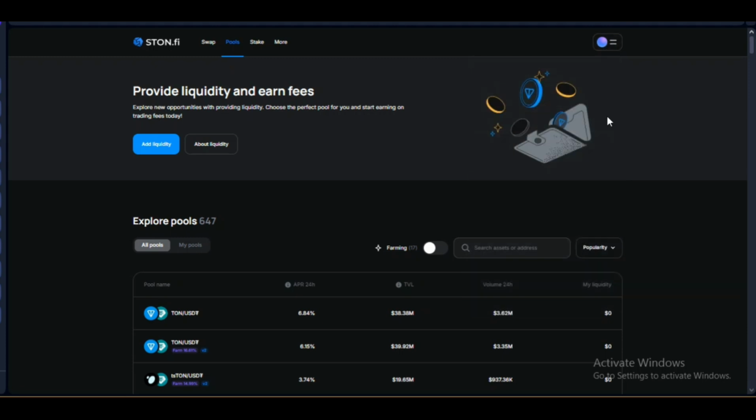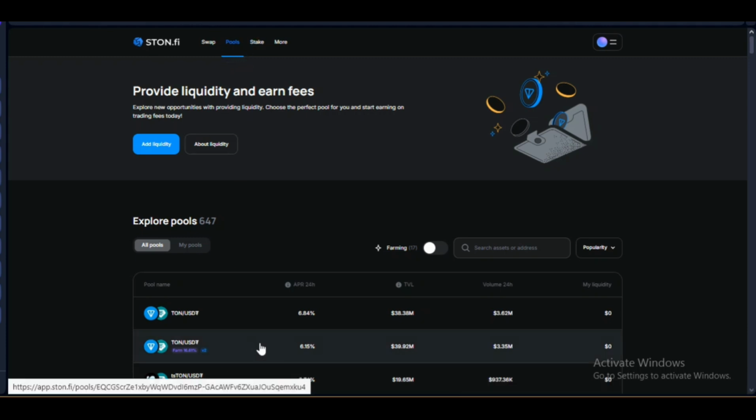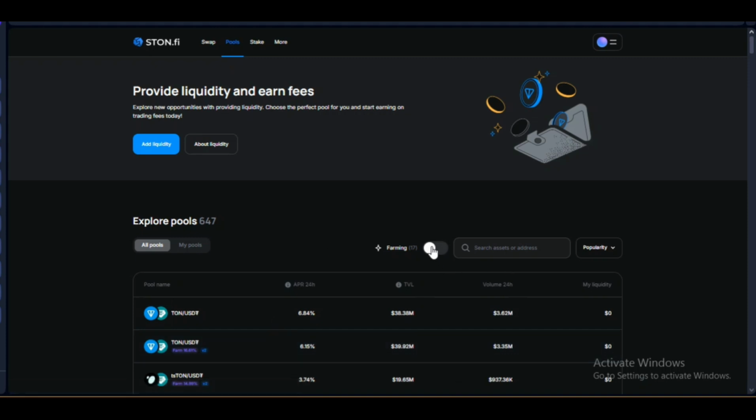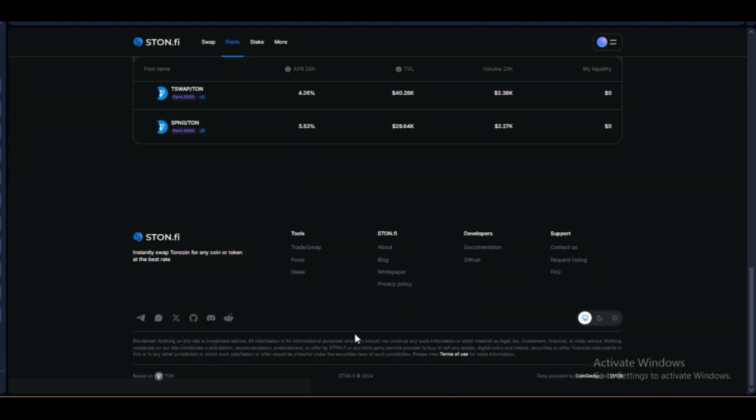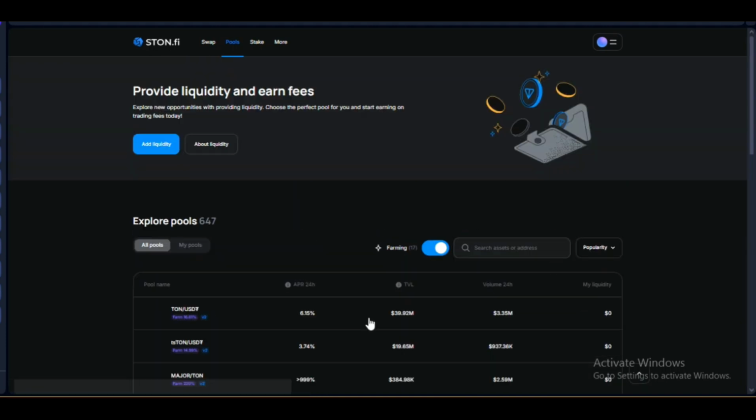Once you do that, you get in here to the pool section and select the pair you want. If you want to farm, it makes it easier because you can just click here and it shows you every single pair that is available for farming. If you want to be a liquidity provider, you can choose from 647 of all the pools that are available, click any one of your choice and provide liquidity for it.